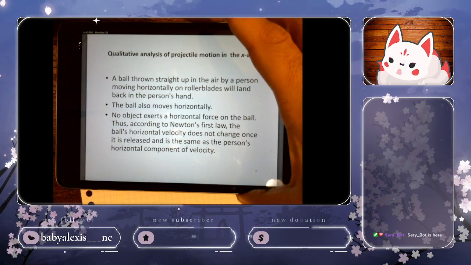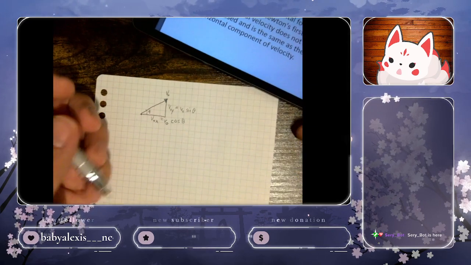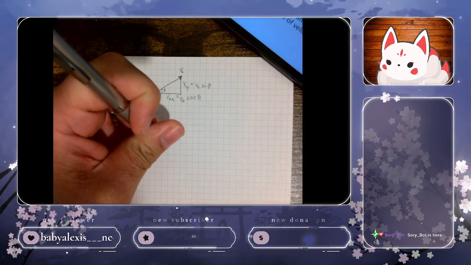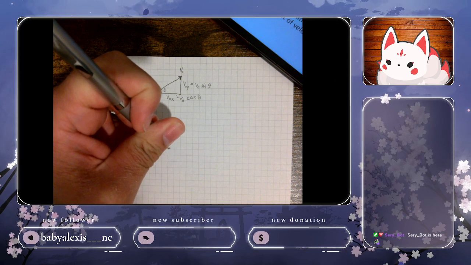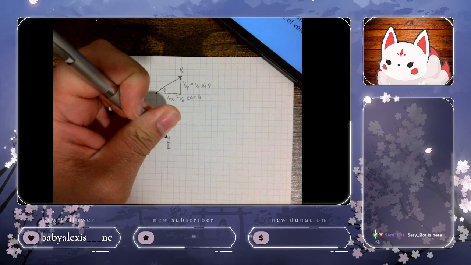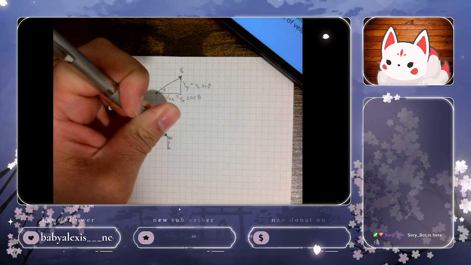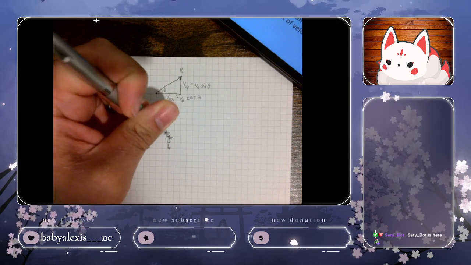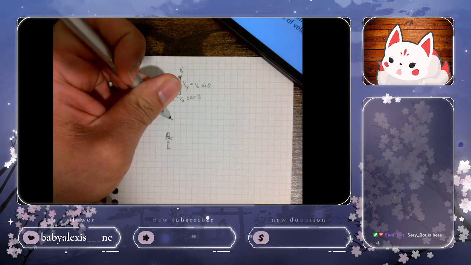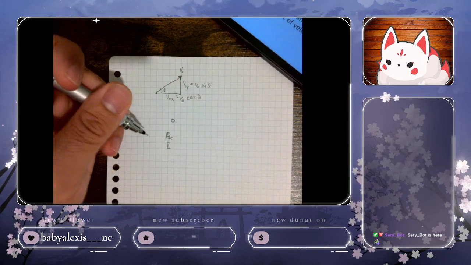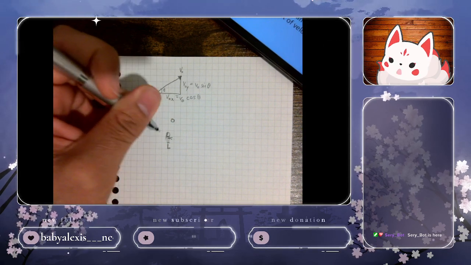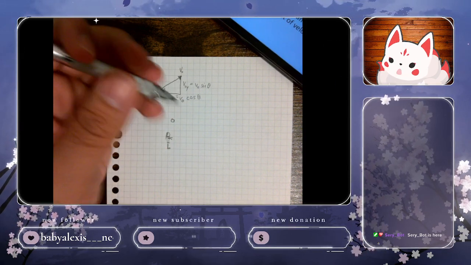They're just saying, let's say we had the person here, and here is the ball. Currently, we want to look at forces.